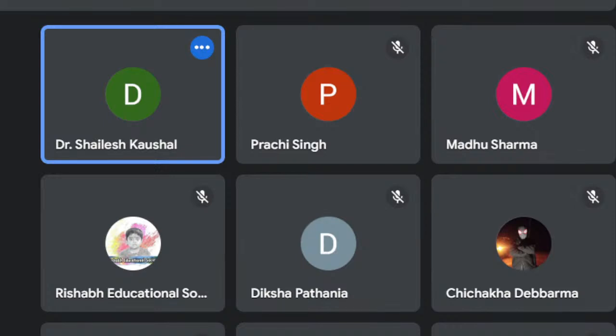assumes that the indicators x1, x2, x3, the indicators form the construct. This is our construct. So indicators forming this construct.